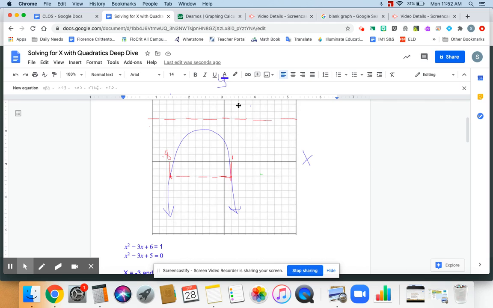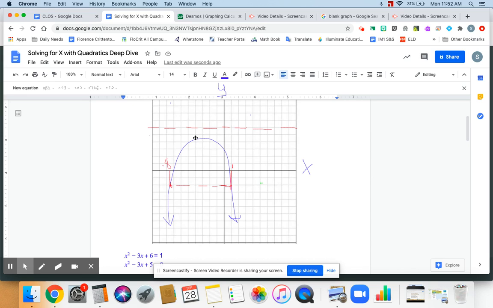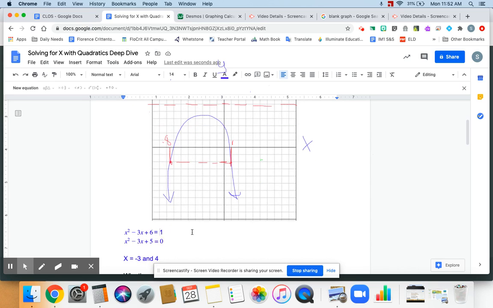However, I've told you that quadratics always have two answers. Well, what happens is if I try to solve this, if I try to make my equation equal 6, and let's say this was the equation for that graph, which it's not, when I solved it, my x's would end up being imaginary.